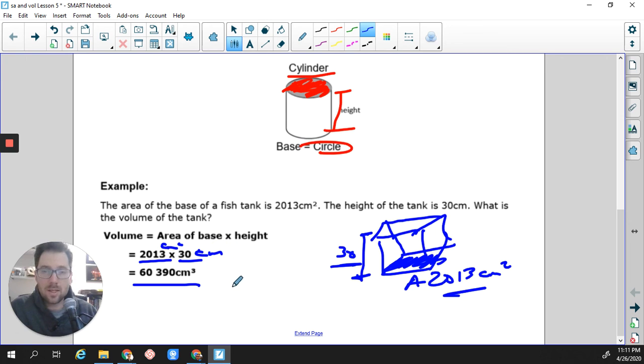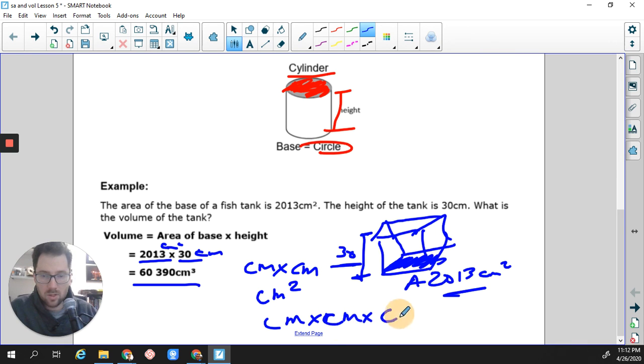That becomes centimeters cubed, because centimeters times centimeters times centimeters is centimeters cubed, right? We just want to reiterate that for the units. So the units are always important in volume and in surface area. Well, in everything really.